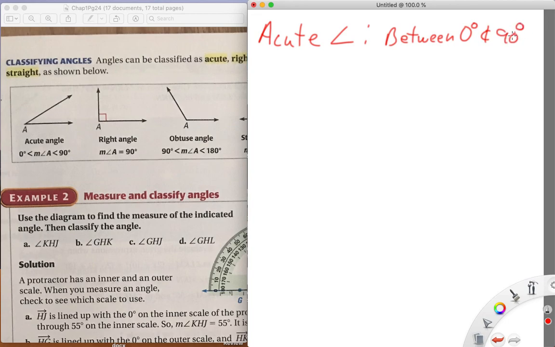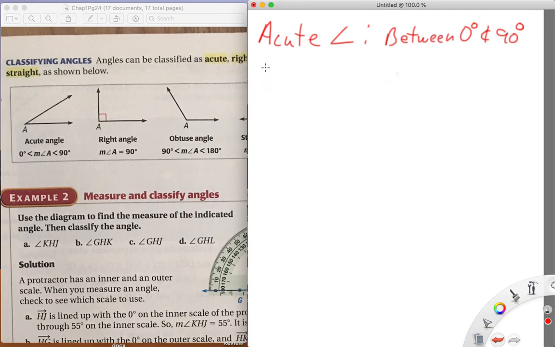By the way, we measure angles using the degree symbol. So when I ask you what the angle is, it's going to be in degrees. So the book has it like this, and they call it A. The technical geometrical term, when I ask what A equals, we would say the measurement of angle A. So the measurement of angle A would be some angle between 0 and 90 degrees.